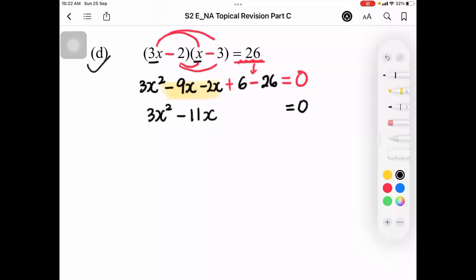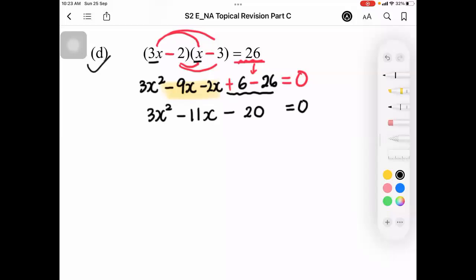Next one, how much is the number? 6 minus 26, how much? Negative 20. Yes, you take the calculator.